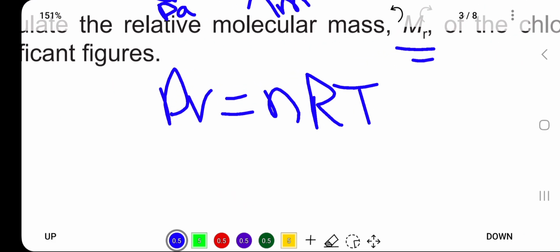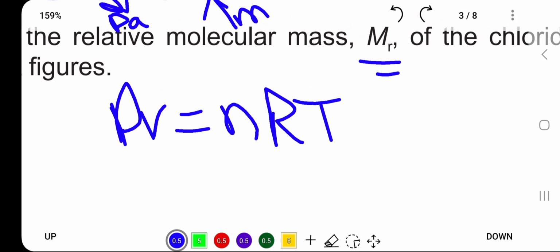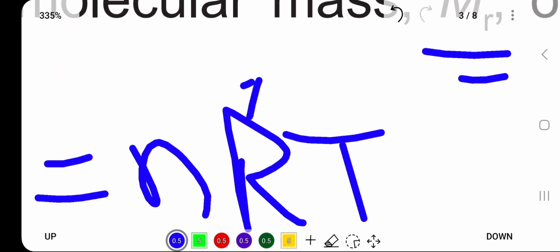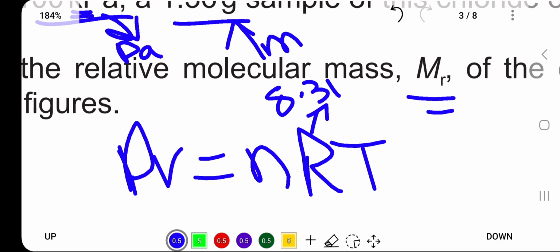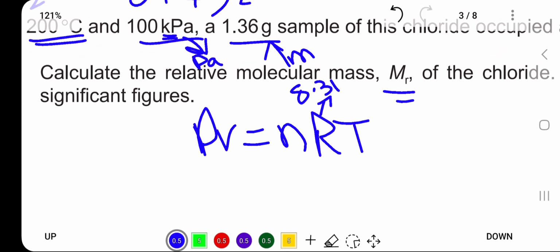PV equals nRT. P, pressure, V, volume, n, the moles, R is 8.31, which you should learn, okay? And T is the temperature, alright?